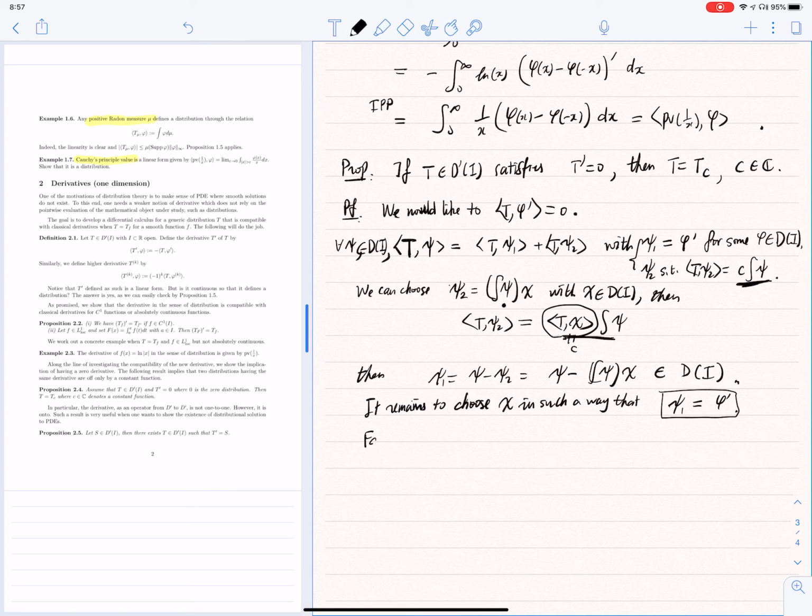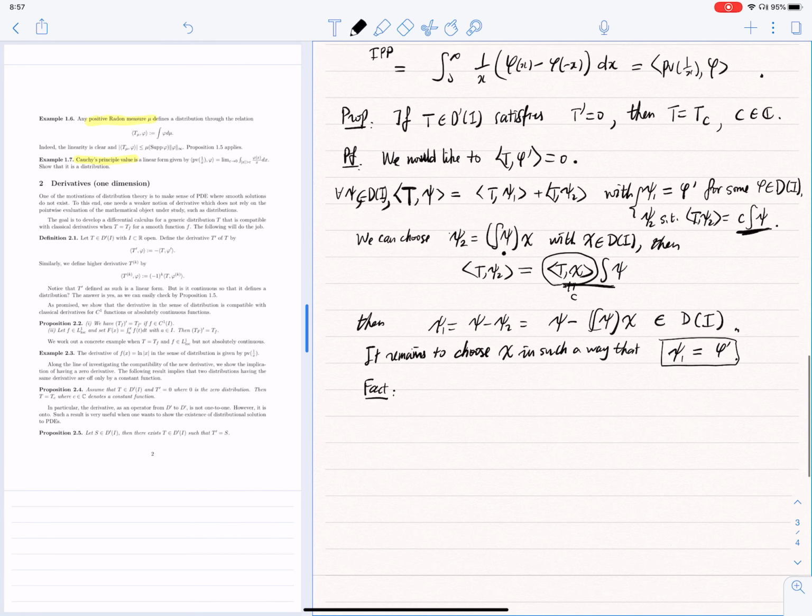Okay, so for this matter, let me just give you a fact. There's actually a characterization of functions which are derivatives of test functions. Let psi be a test function, right?